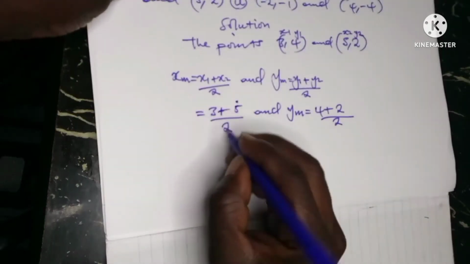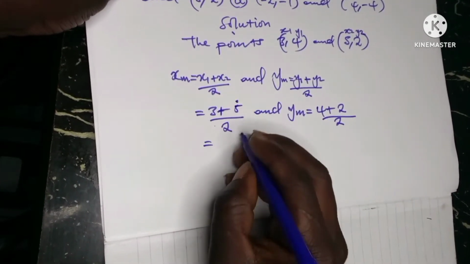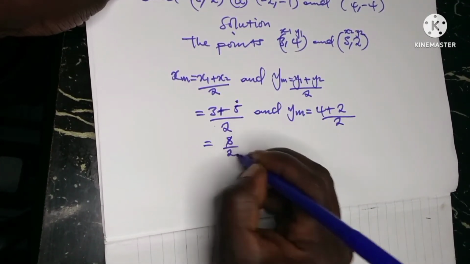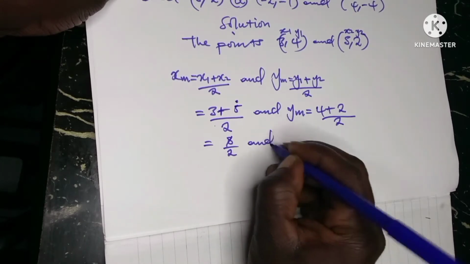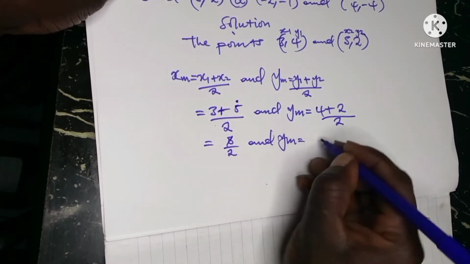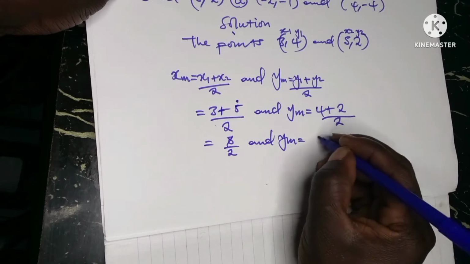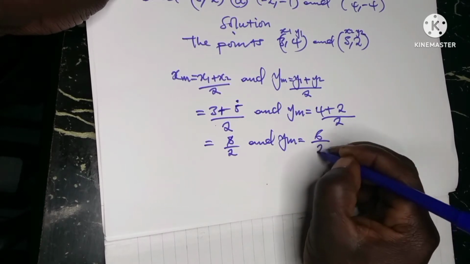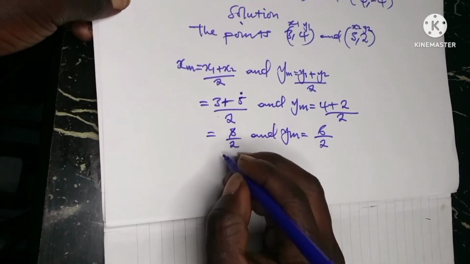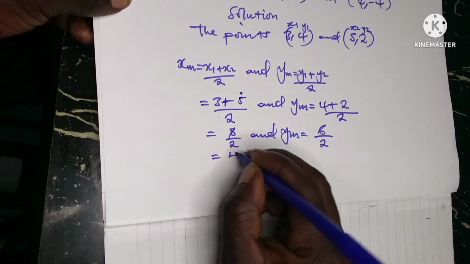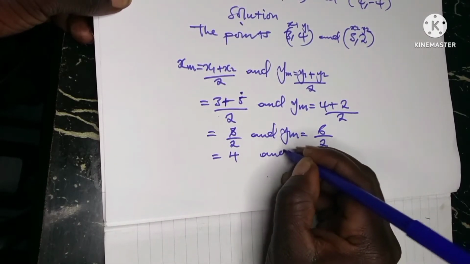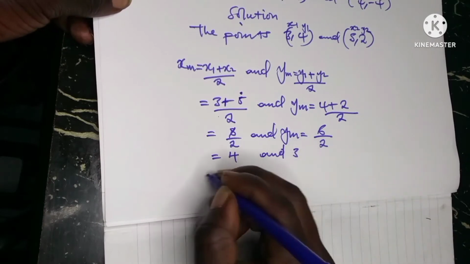So this is 3 plus 5, which is 8 over 2, and ym equals 4 plus 2, which is 6 over 2, which is equal to 4 and 3.